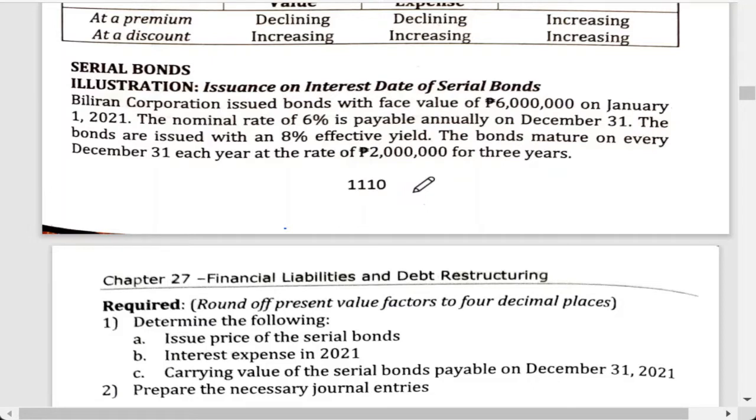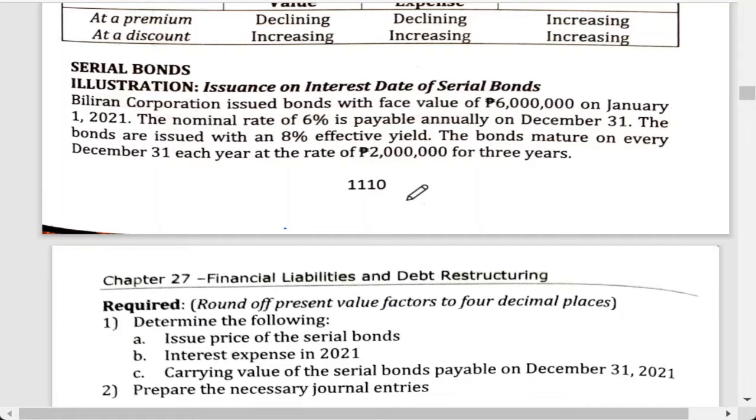By the way, the regular intervals is not only for annual periods. Pwede po siya nga monthly, pwede po siya nga semi-annually or quarterly. So, depende na siya sa term sa bond. So, kung moingon sa problem, 6 million unya payable siya semi-annually. So, therefore, twice a year po ta magbayad.